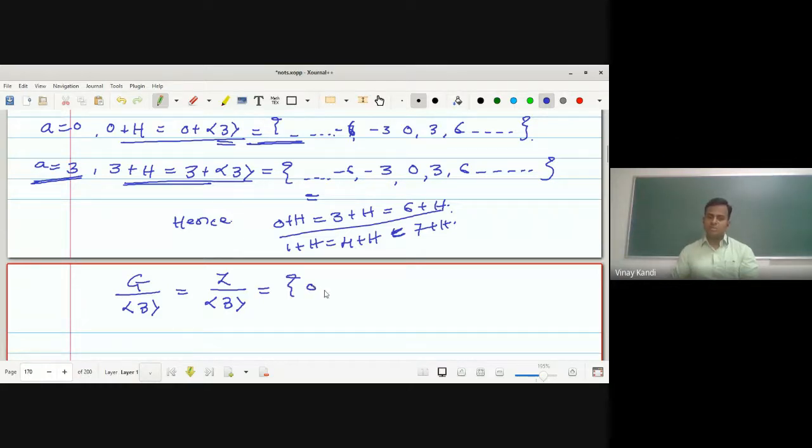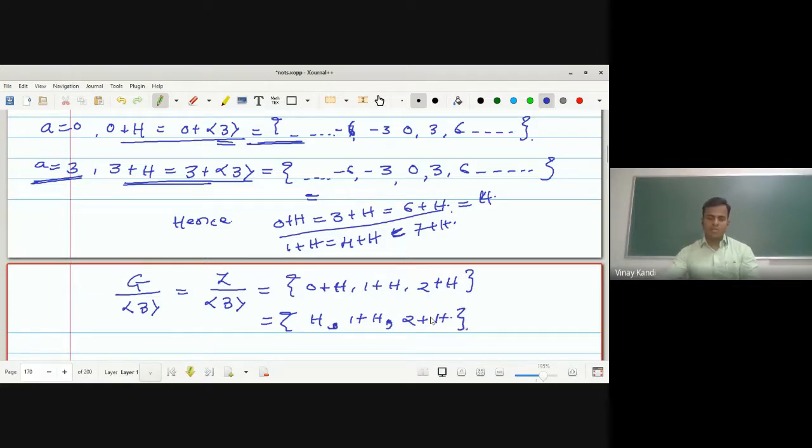Which ones? 0 + H, 1 + H, and 2 + H. 0 + H means what? It is equal to H. Is it correct? 0 + H = H. So this is H, 1 + H, and 2 + H.